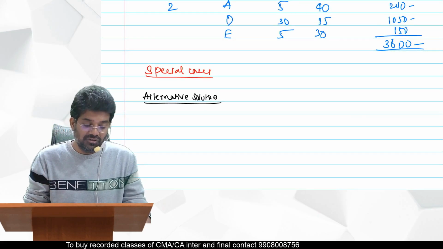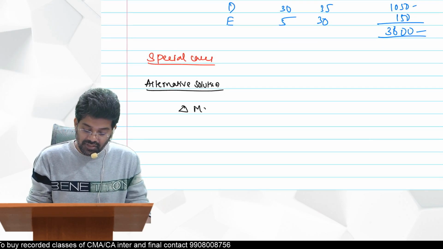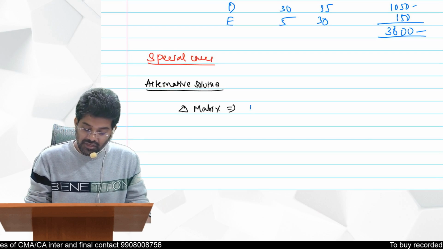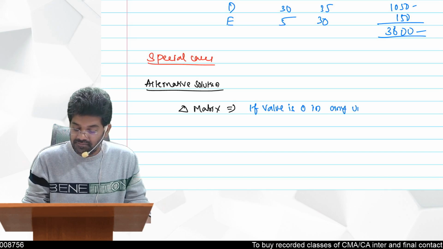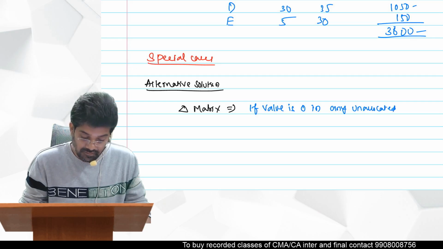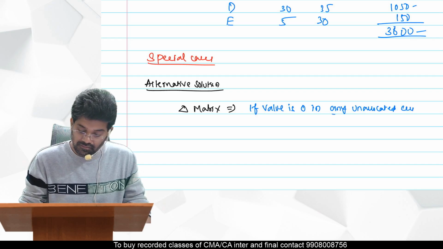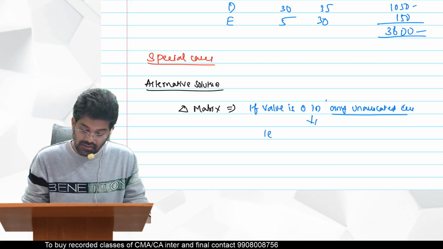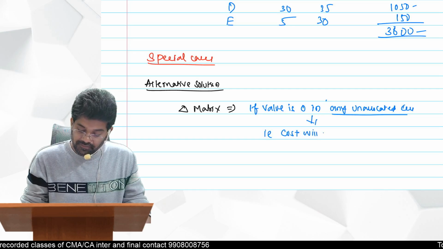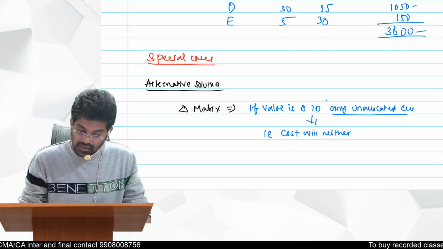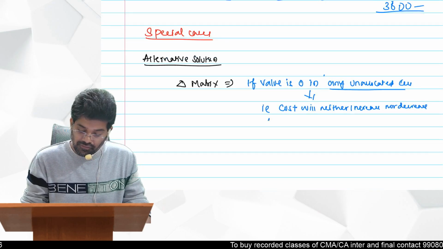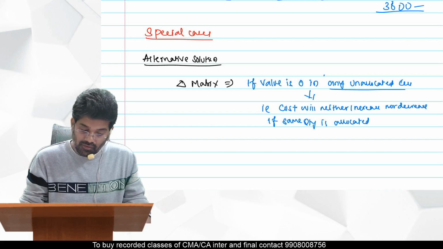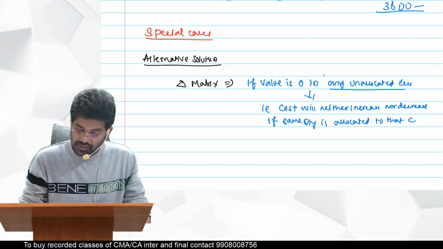So when do you say that there is an alternative solution? In the change matrix, if the value is 0 in any unallocated cell, that is, the cost will neither increase nor decrease if the same quantity is allocated to that cell.